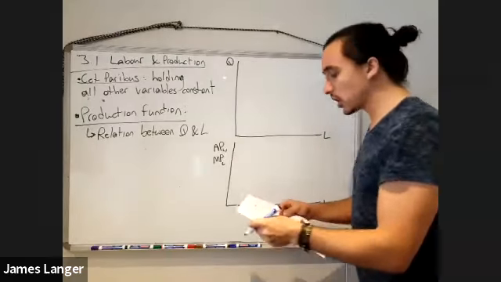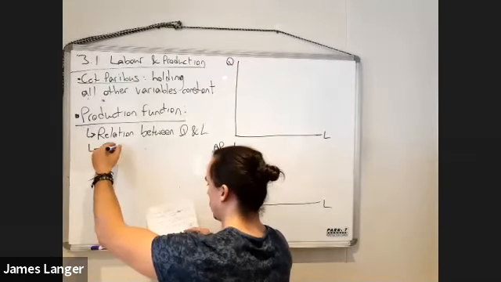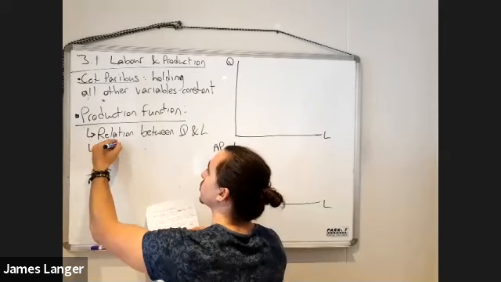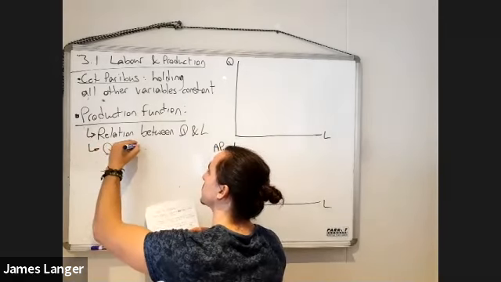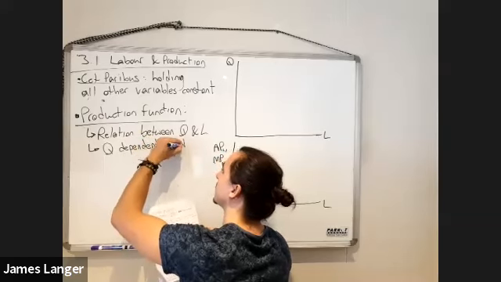So here we know that in this situation, Q is dependent, L is independent.